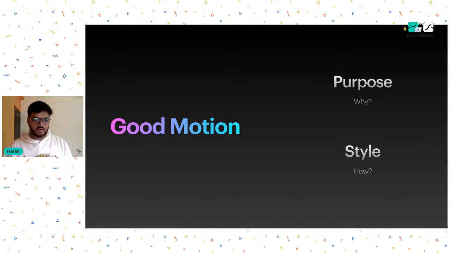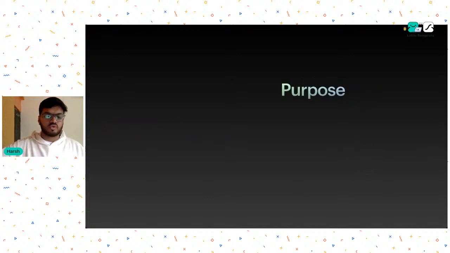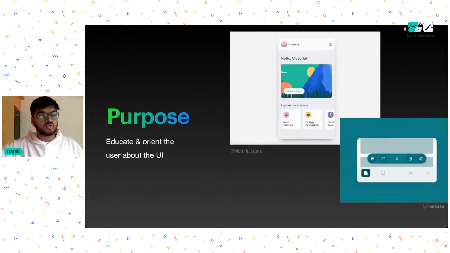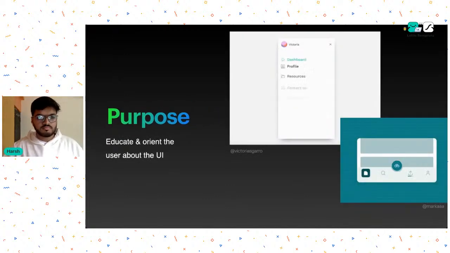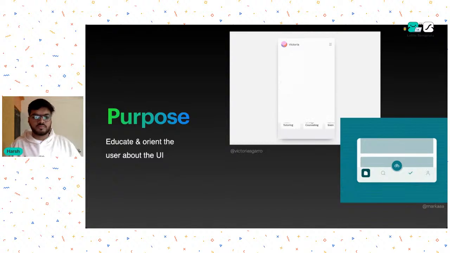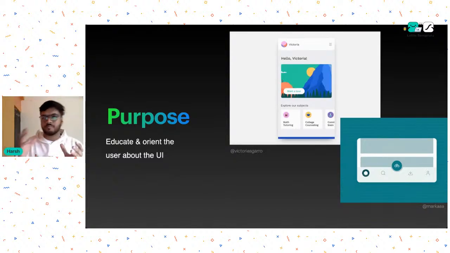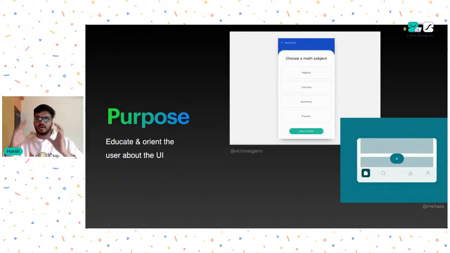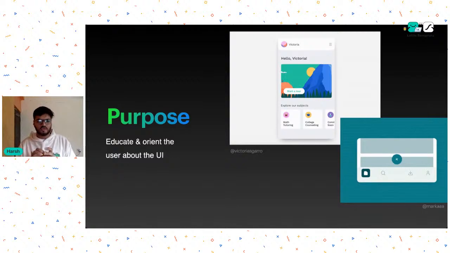The very first rule of any interface animation is that in order for it to exist, there should be a core purpose. The purpose of an animation might be drawn from the UX issue that it's intended to solve. This UX issue can be anything, like to educate the user and orient the user about the interface. What happens in product design in a lot of cases is that you only have a limited UI space, right?